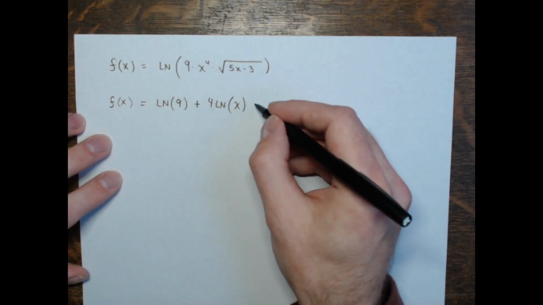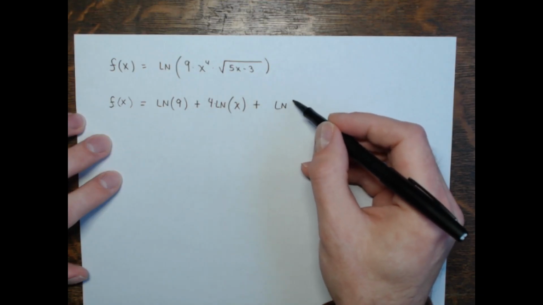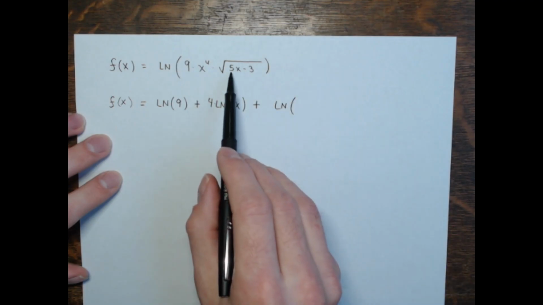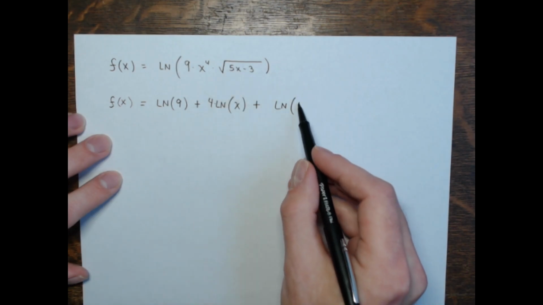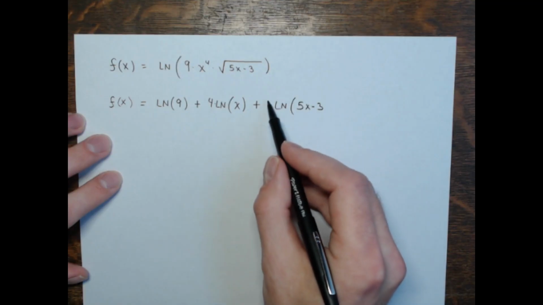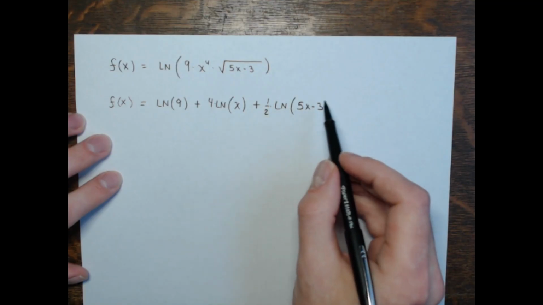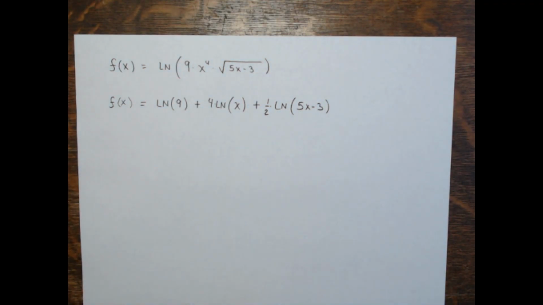Then another product, another factor, plus, then we have the natural log, and remember, square root is to the half power. So this is 5x minus 3 to the half power. I'll pull that out front, using the power property for logarithms. And that's all the properties I could have applied there.